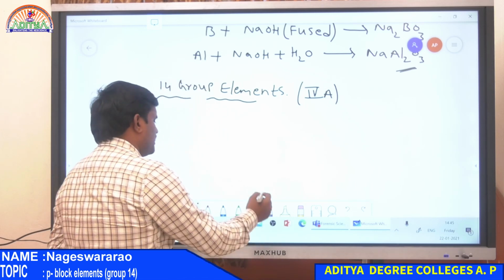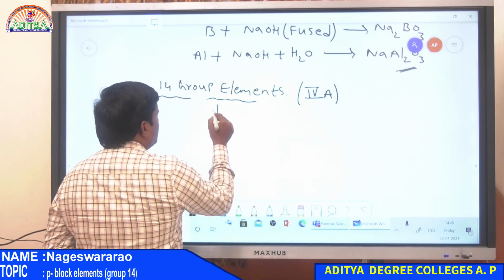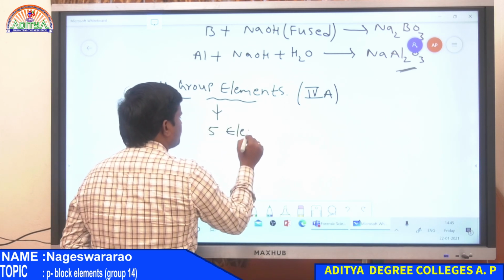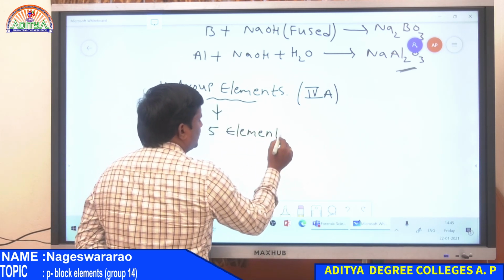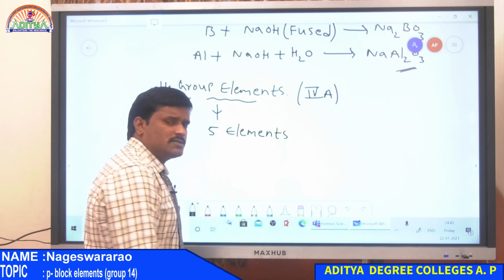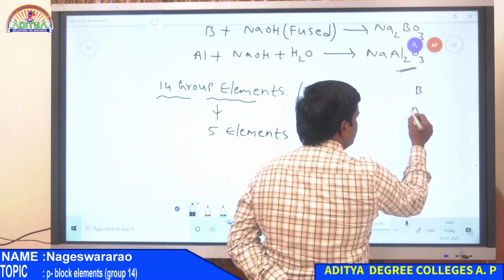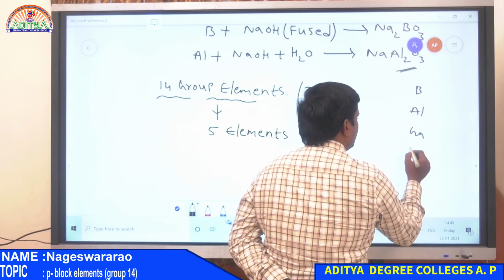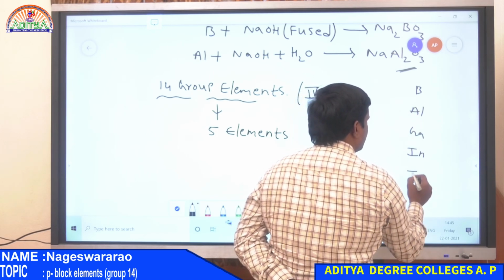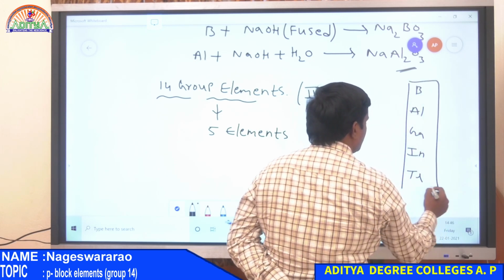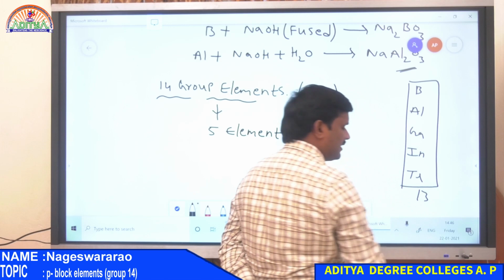So what are the elements? Again, the 14th group contains 5 elements. Similarly, the 13th group also contains 5 elements: boron, aluminum, gallium, indium and thallium. All these are 13th group elements.